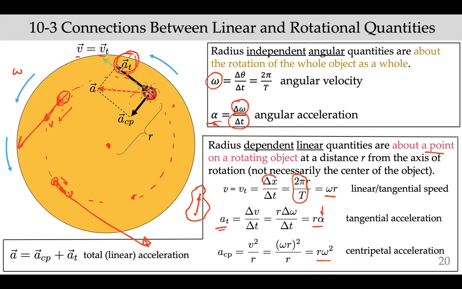So if there's no acceleration in the tangential direction, if you have a constant omega, then this term will be 0. But centripetal acceleration is always there if there's any rotational motion, because it doesn't depend on angular acceleration, it depends on angular velocity or angular speed. So anytime there is an angular motion, like rotation, there will always be centripetal acceleration.